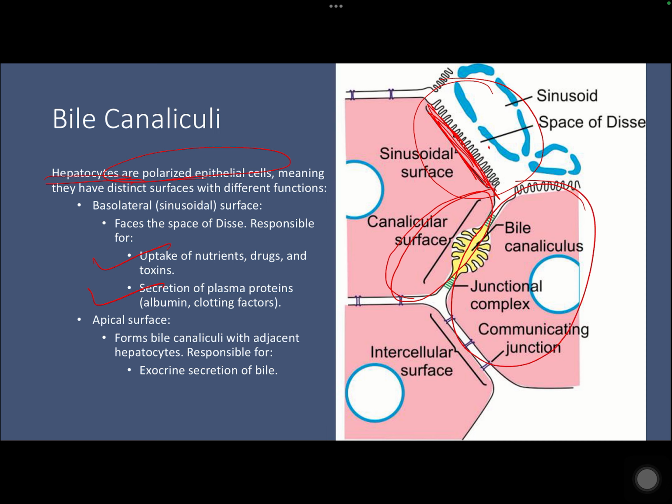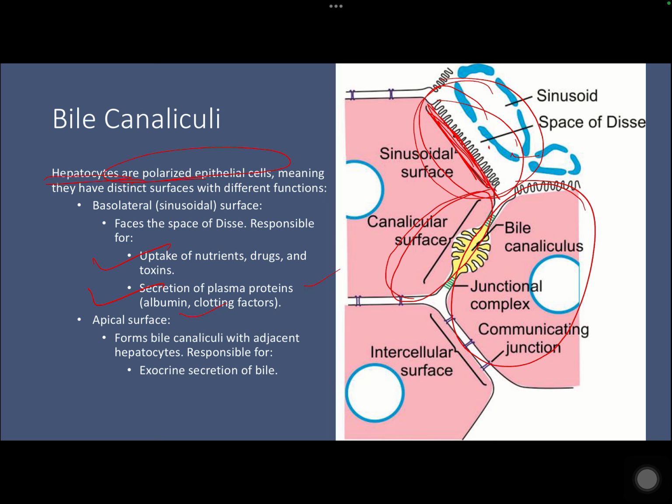That means one surface of the hepatocyte faces the space of Disse and does the function of nutrient uptake, drug uptake and toxin uptake from the plasma which has leaked into the space of Disse. It also releases plasma proteins and other clotting factors into this plasma.